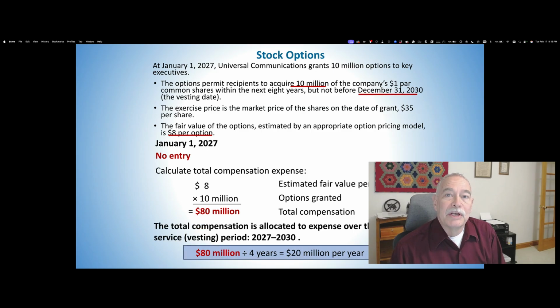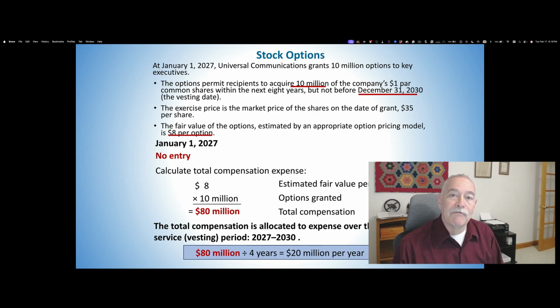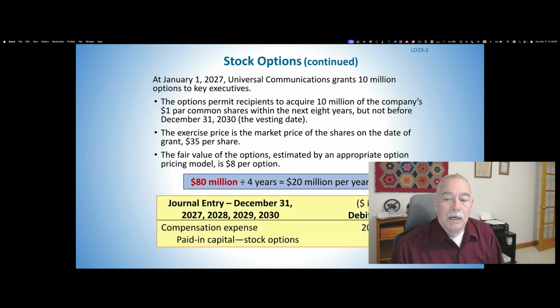But then, because it's going to occur over 2027, 28, 29, and 30, we're going to divide it by 4, and we're going to have 20 million per year. And so we have this entry: debit compensation expense and credit paid in capital for stock options, 20 million.